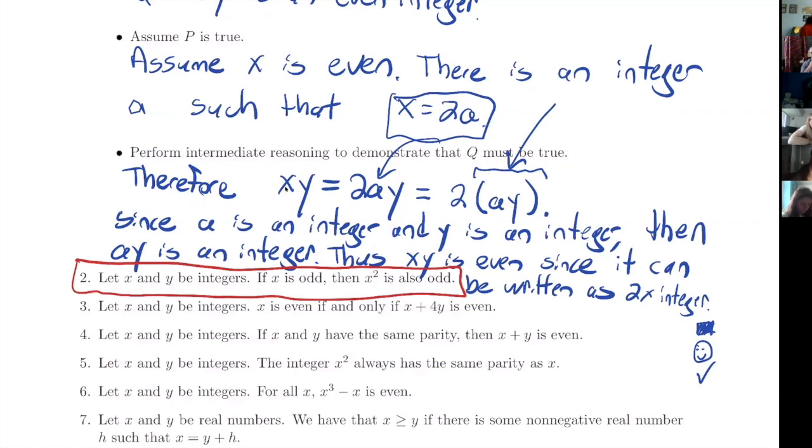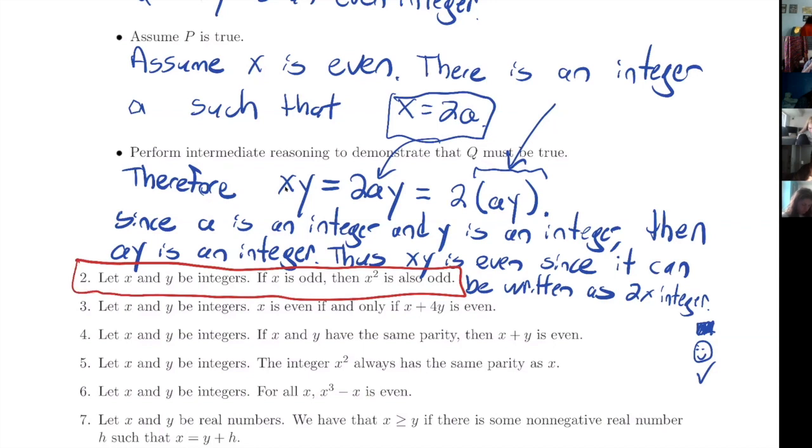Yes, we don't have to prove that P is true. We are allowed to assume that the statement P is true. So you're going to have some conditional P and Q. P and Q are statements themselves. They have to be either true or false. And so you are going to start by assuming P is true.